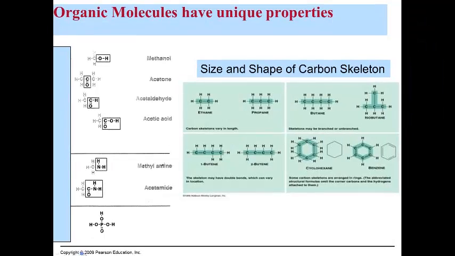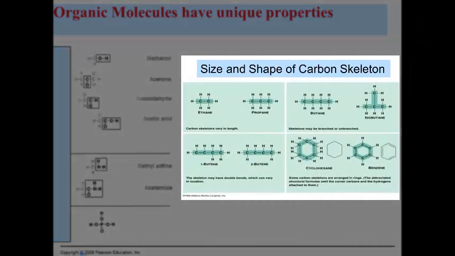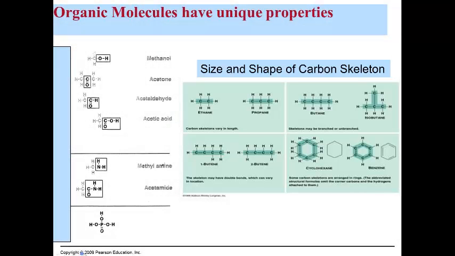Recall from the last video that we talked about hydrocarbons can vary in size, in shape, and the arrangement of the carbons themselves, and that would create a variety of carbon skeletons. And when we just have carbon and hydrogen as a part of the molecule, then we call those a hydrocarbon, and those are very hydrophobic or nonpolar.